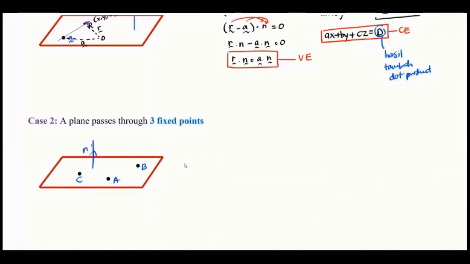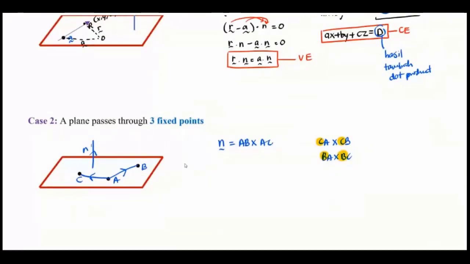So to find the N, we're gonna have to do cross product ataupun vector product. So will be AB cross product with AC. Okay, ataupun kamu nak cari menggunakan CA, CB pun boleh, BA, BC pun boleh. Tak ada masalah. Tapi make sure mesti point di depan ni adalah letter yang sama.